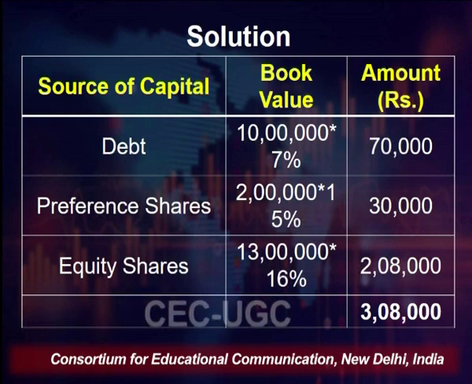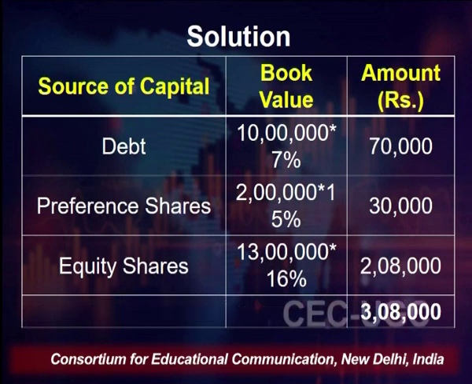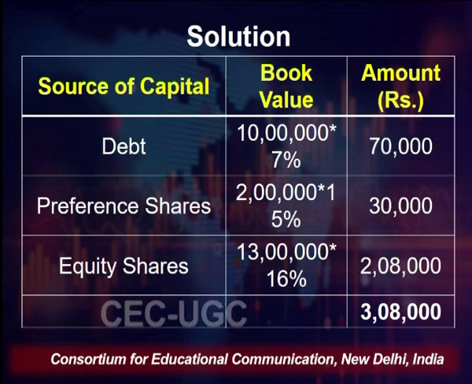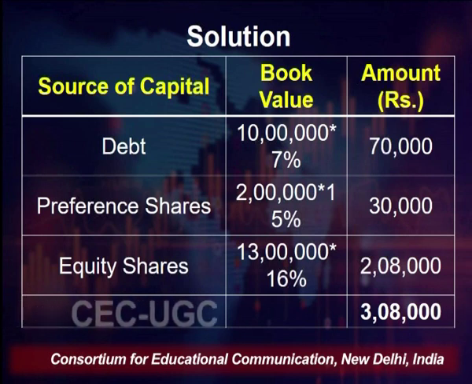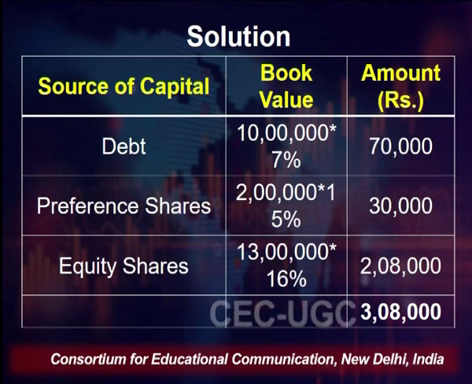For book value, we will multiply 10 lakh with 7%, we get the amount of interest that we need to pay. For preference share, 2 lakh multiplied by 15%, this is 30,000 that we need to pay in the form of preference dividend. 13 lakh multiplied by 16%, the value we will get is 2 lakh 8,000 that we are paying in the form of equity dividend.